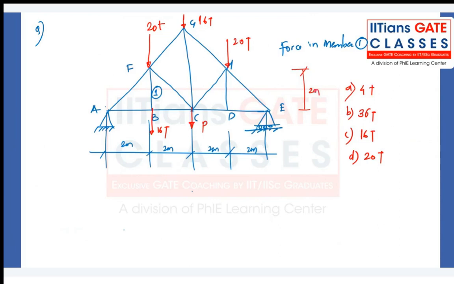Okay, with this input, try to solve this. Force in the member 1. Member 1 is FB.